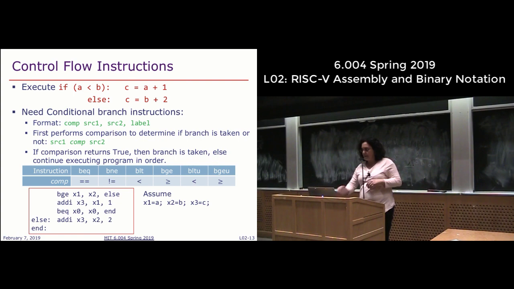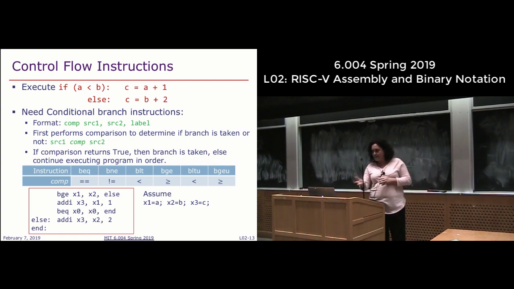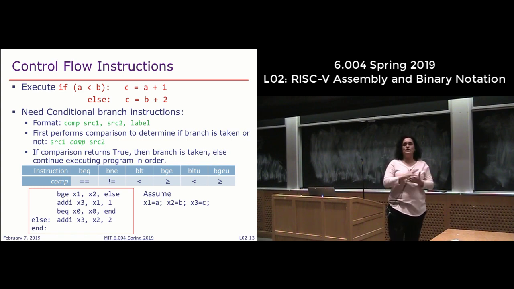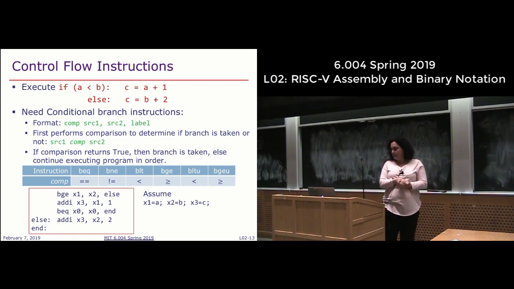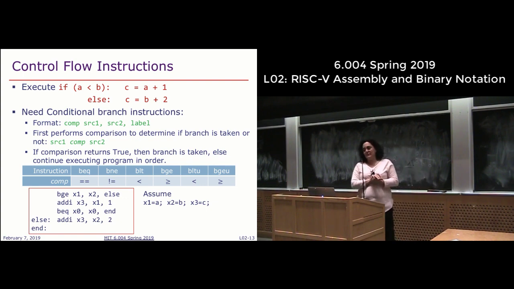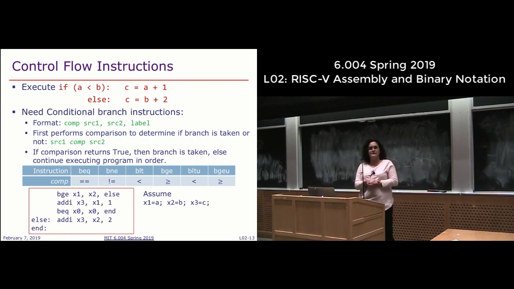And here in this table, we have the list of all of the comparison operations that are supported by RISC-V, okay? So what do these shorthands stand for? BEQ is branch if equal, BNE is branch if not equal, BLT is branch if less than, BGE is branch if greater than or equal to, and the other ones with a U at the end just mean an unsigned version of those comparisons.